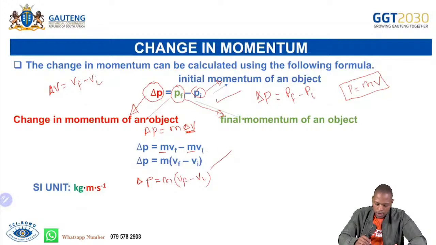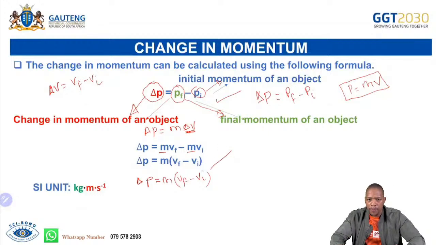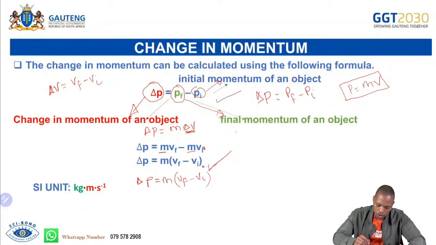This one and this one are one and the same thing, it's just that m has been taken out as a common factor there. So we need to know. It must not be a matter of memorizing that the formula will always look like this. We must know that the formula comes from here and it goes all the way up to here.